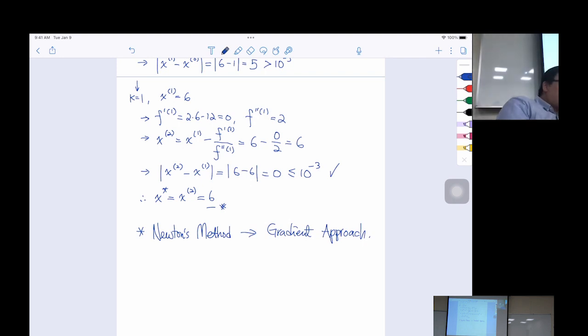So it relies on the gradient of the function. There are some other methods that are completely different from the gradient approach, and those methods can overcome this issue. So there are non-gradient approach methods, and we will talk about them in the future. Okay?